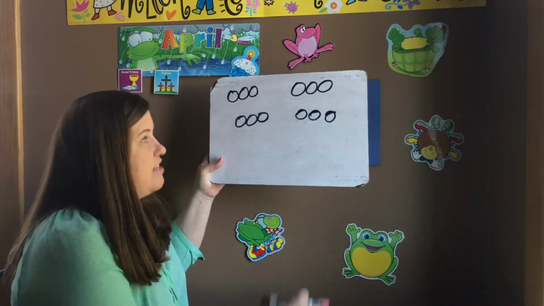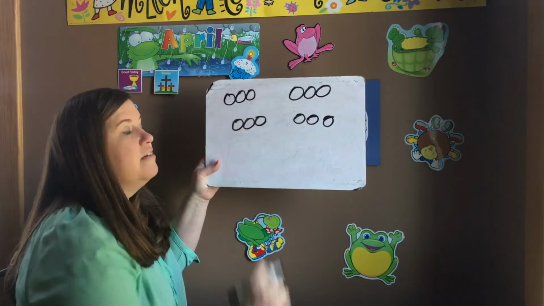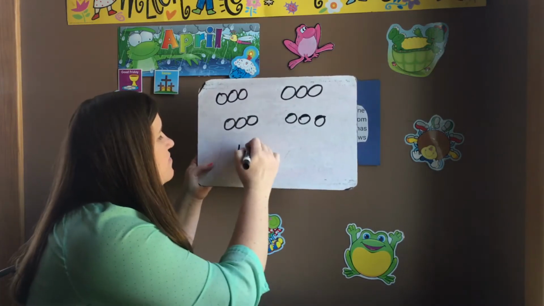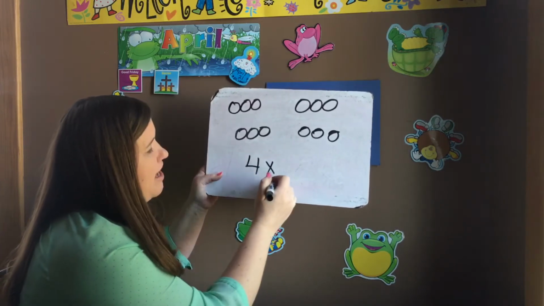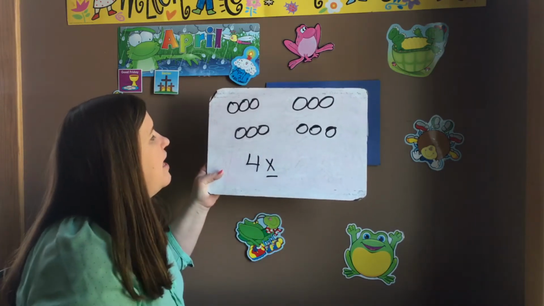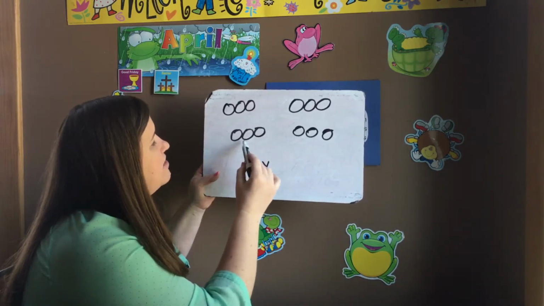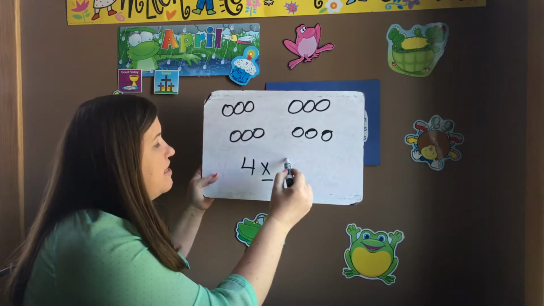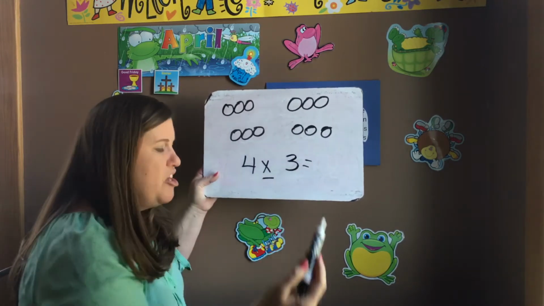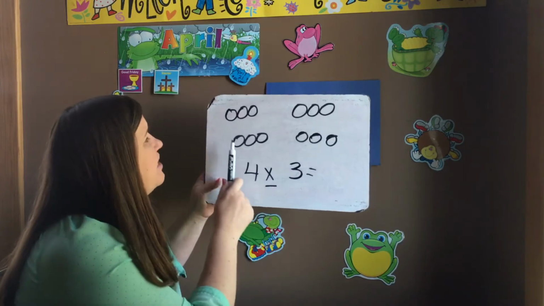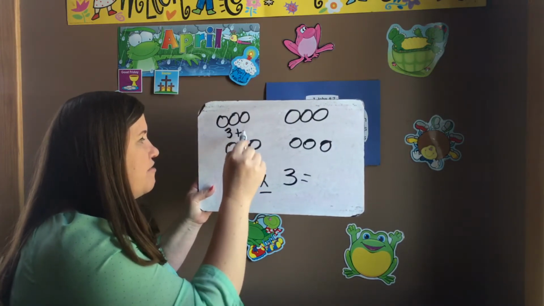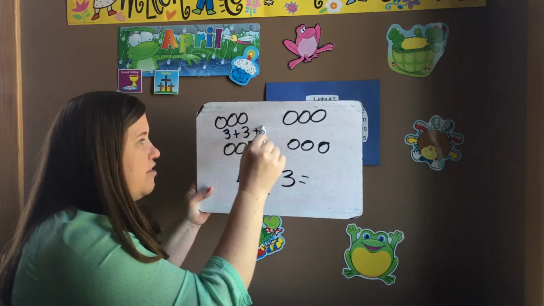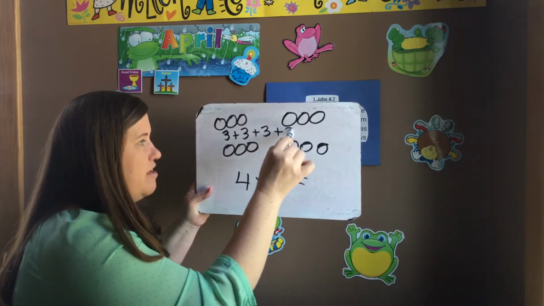Okay, how many sets do we have, or how many groups? 4 again. And then we use this X for our times or multiplication. And then how many is in each set? 3 in each set. So how many altogether? We can count 3 plus 3 plus 3 plus 3.